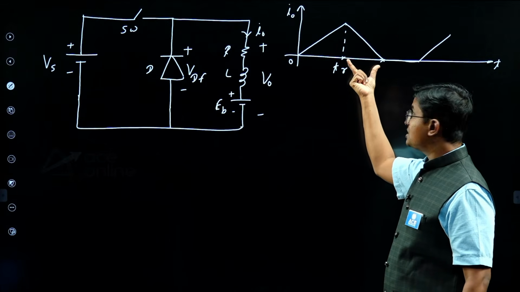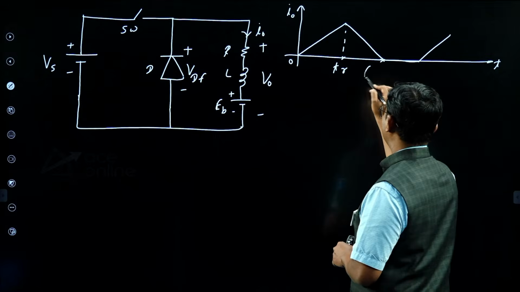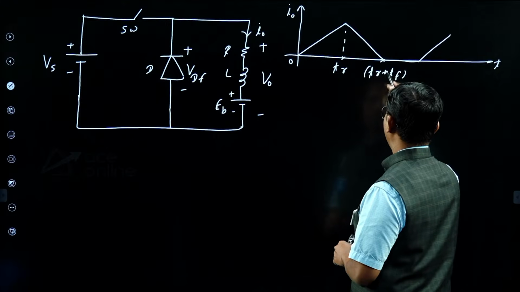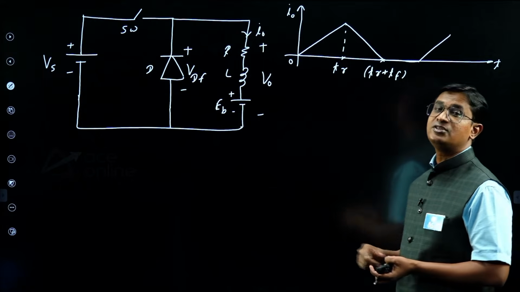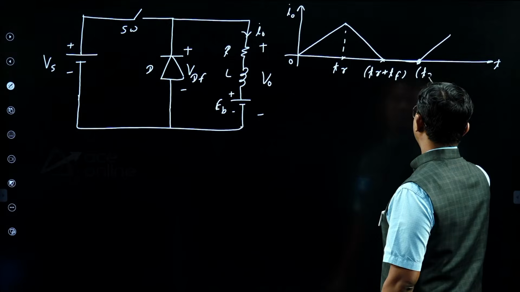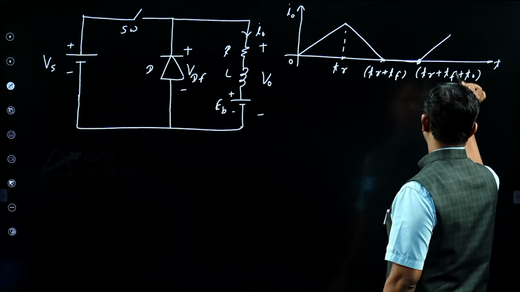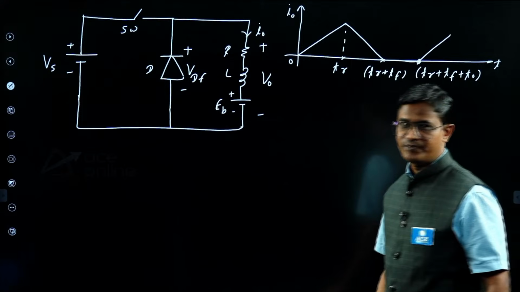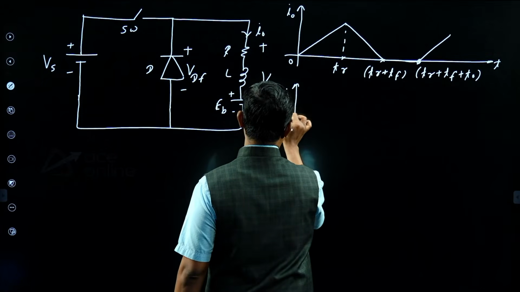So this instant will be TR plus TF. The difference between TR plus TF and TR is TF. And it remains 0 for time T0, so this instant will be TR plus TF plus T0, in every chopping cycle. After this, the same cycle will repeat. Then we need to find the VDF waveform.